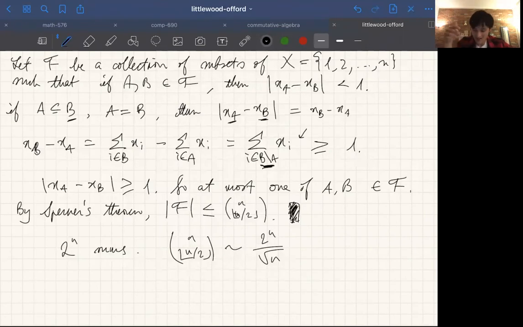So it's not that great. I mean, still 2 to the n over square root n can be together. But there's this square root n, so the fraction that could be close is like 1 over square root n of them. When n gets really big, it gets small. So yeah, it's a pretty good bound.